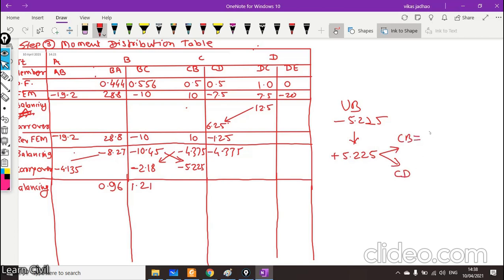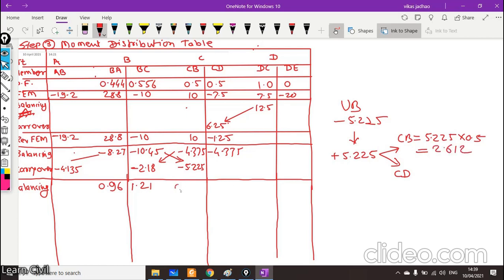CB will be sharing a moment of 5.225 into distribution factor, that is 0.5. Here the distribution factor for both CB and CD is 0.5. Therefore this will be equal to 2.612.